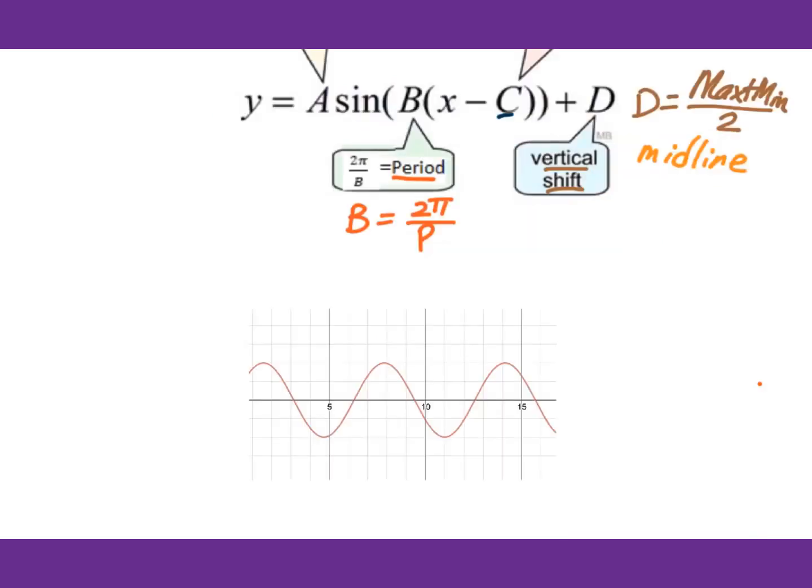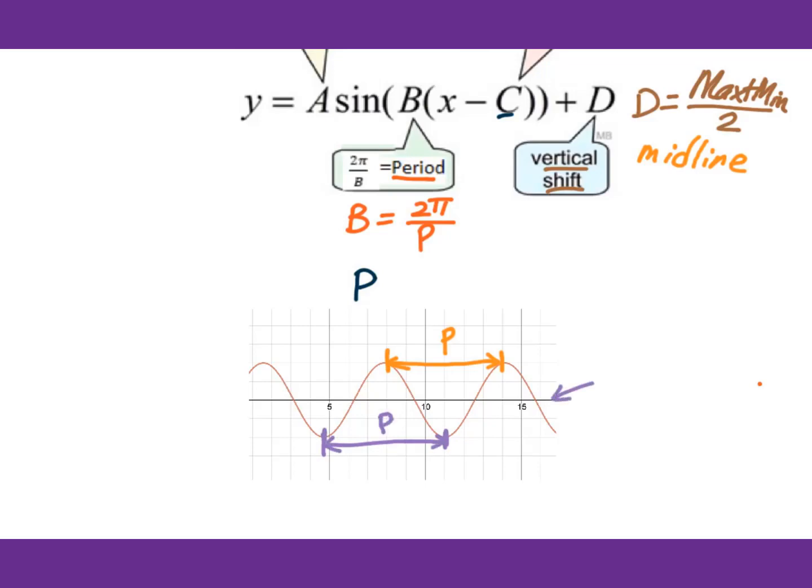How to get the period? You can use two nearest maximum points. We try to find the horizontal distance. This is p. Or you can use a minimum point. Then this distance will be p.